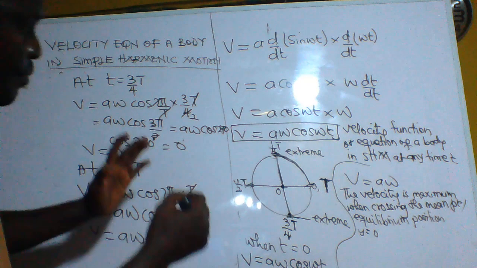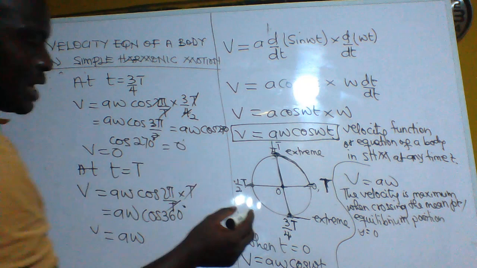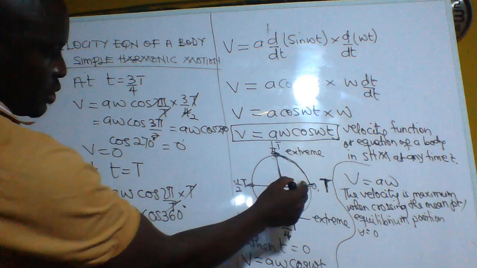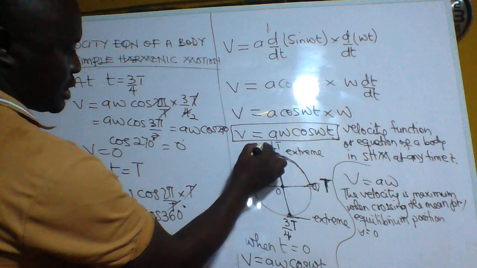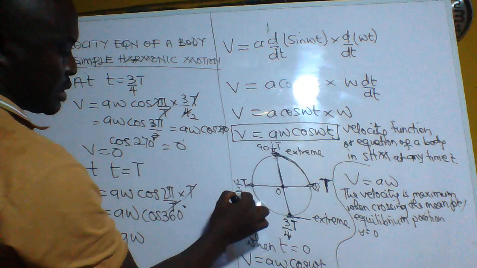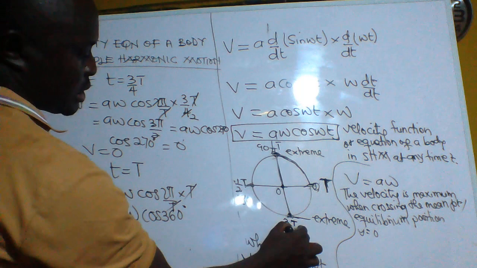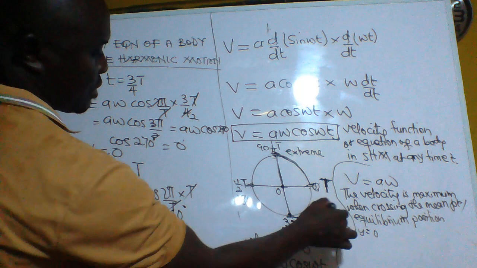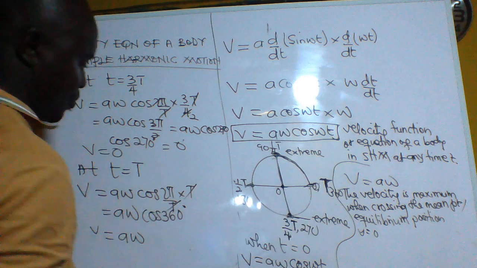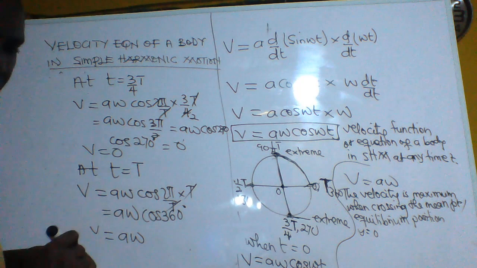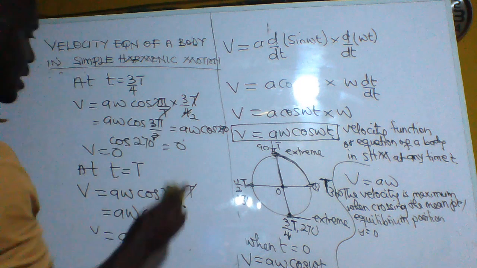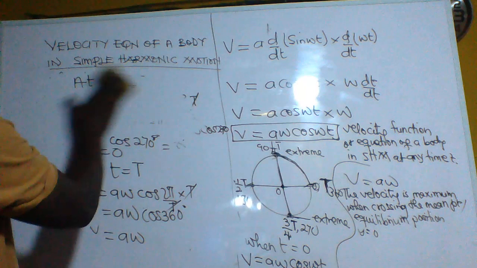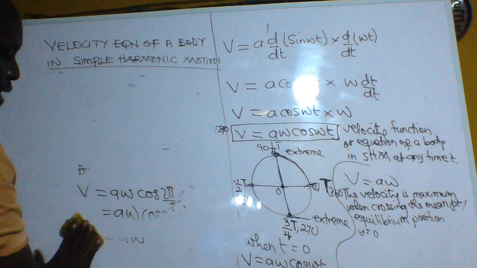Please, this analysis can also be done using angles. You know, this is 0 degrees, this is 90, this is 180, this is 270, and back is 360. And so we can also make this same analysis using angles instead of the time.